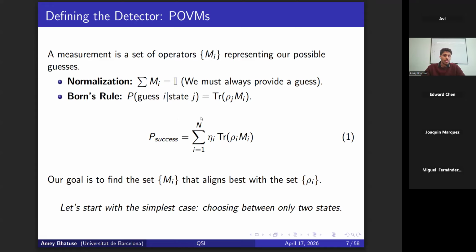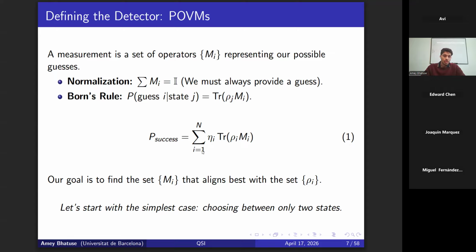And how do we get the probability of our answers? Let's say you have guessed i, but the state was j. That is given by the Born rule, which is the trace of the density matrix, the state, times the operator.